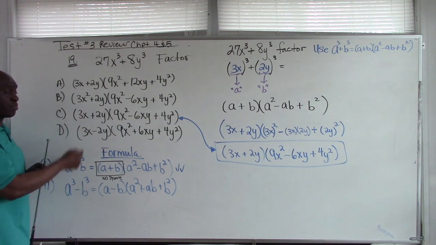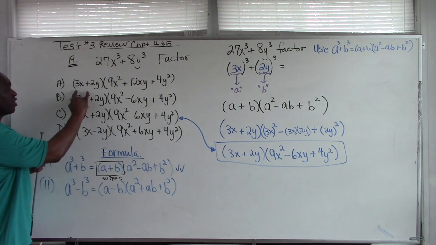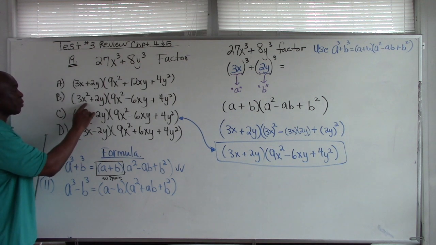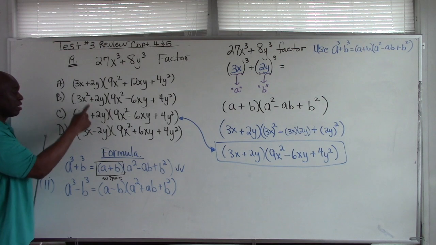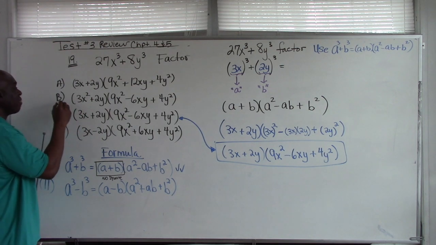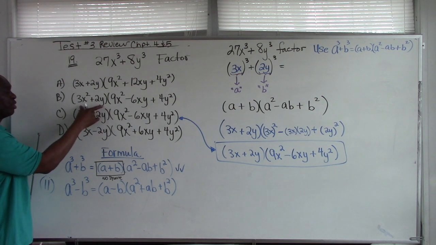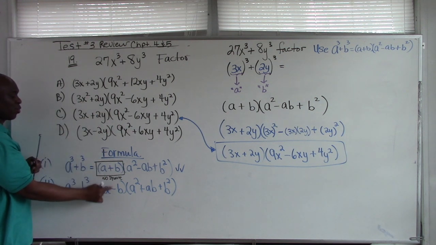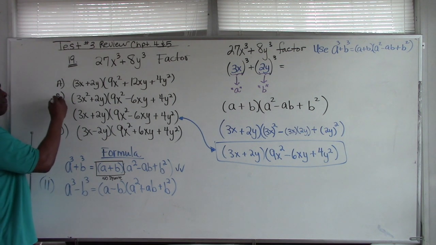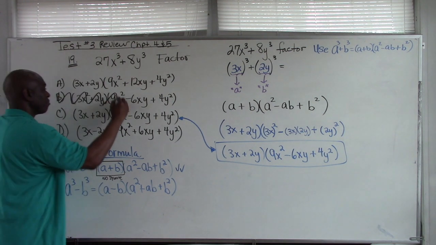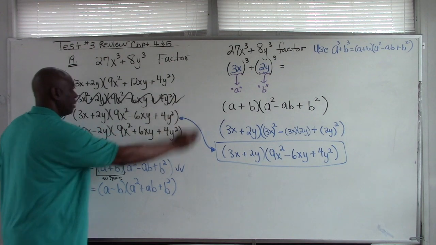Let's go to our answers. This one doesn't have a square. See, 3x plus 2y, no squares. This one does have a square. See the x squared? So we know that b cannot be the answer because the first binomial has a square in it. There are no squares here. The squares are in the trinomial part, not the binomial part. So b is eliminated.